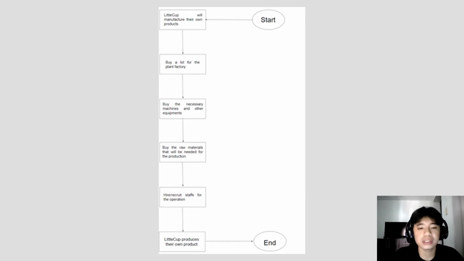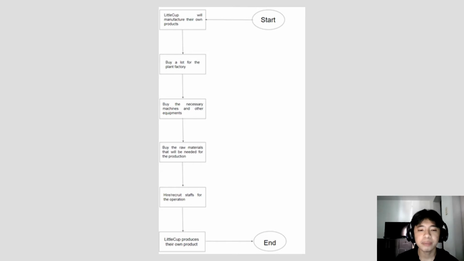This figure shows the step-by-step procedure that Little Cup should follow in order for them to manufacture their own products. After they have decided that they will produce their own, they need to find an area first where they will establish the plant factory and then buy all the machines, factory equipment, office equipment, furniture, and so on to complete the setup.